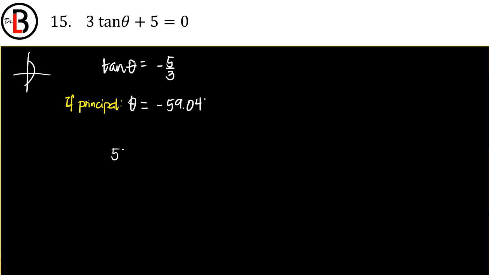You know that tangent is negative in quadrant number 2 and quadrant number 4. You don't have a problem with quadrant number 4. It's negative 59.04 degrees. What is 59.04 in the second quadrant? What you do here is 180 degrees minus 59.04.